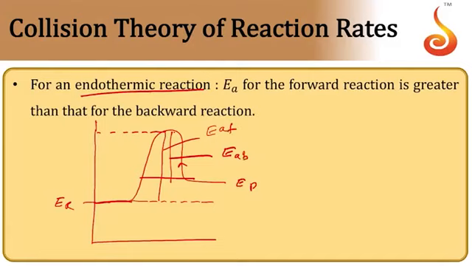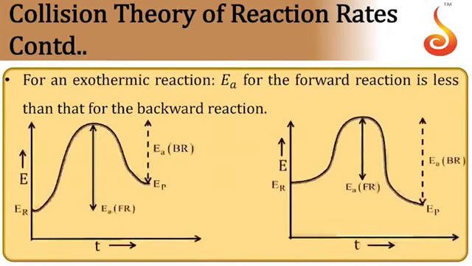So in the case of an endothermic reaction, the energy of activation of the forward reaction, from here to here, is greater than the energy of activation for the backward reaction. This part is the energy of activation for the backward reaction. For an exothermic reaction, it is reversed and comes the other way; this will be the exothermic graph.